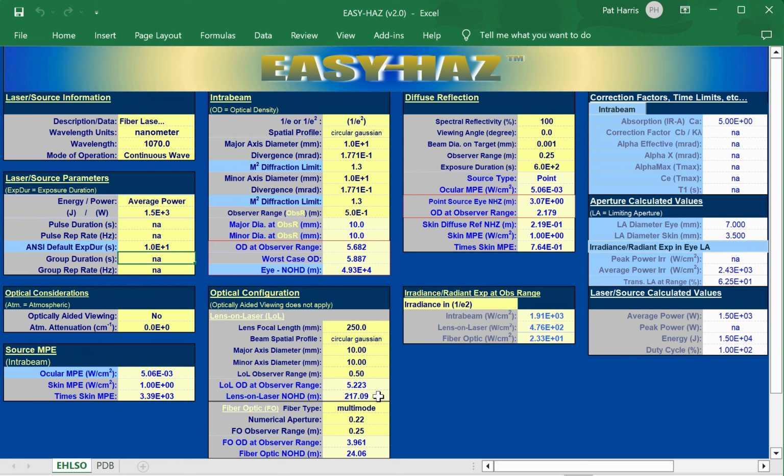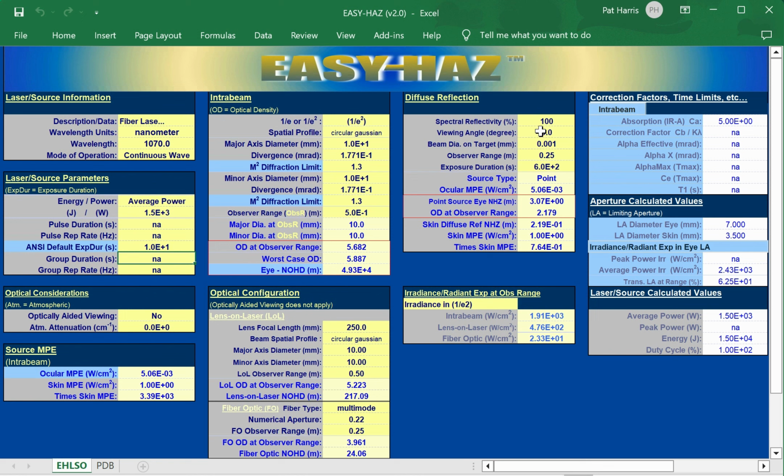Let's take a look at a few other things that we can get out of the analysis. Let's take a look at the diffuse reflection here. Now this is set up where we're saying, well, we have a diffuse reflection off of something, maybe an enclosure wall, or maybe we've set up a temporary control area while we're doing some servicing and we're going to terminate the beam, and we want to know the worst case diffuse reflection.